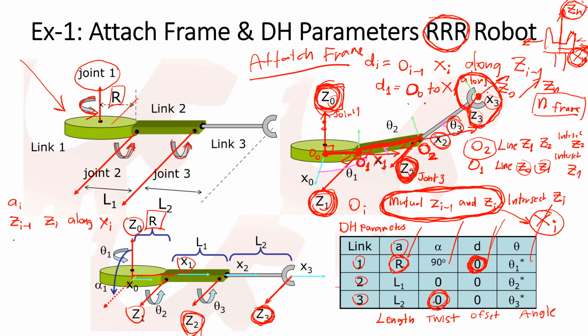How about the link twist? The link twist is the angle measured from C(i-1) to Ci about the xi axis.